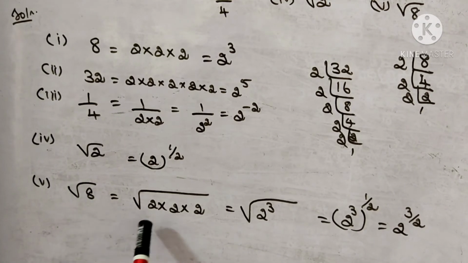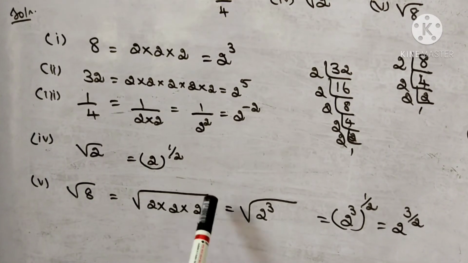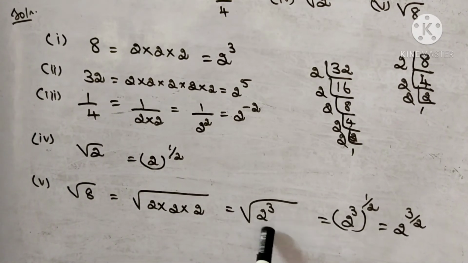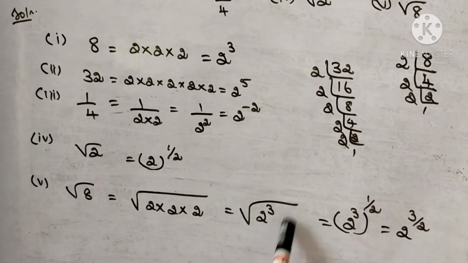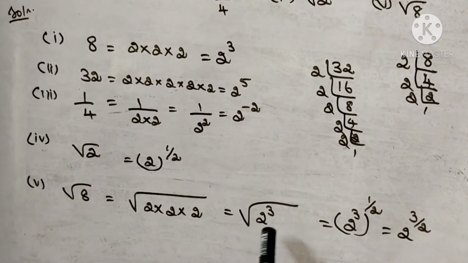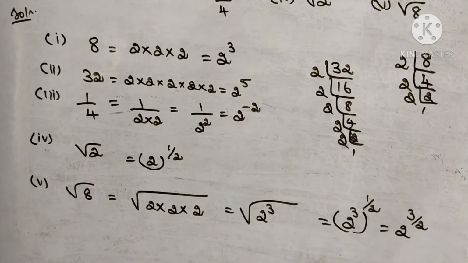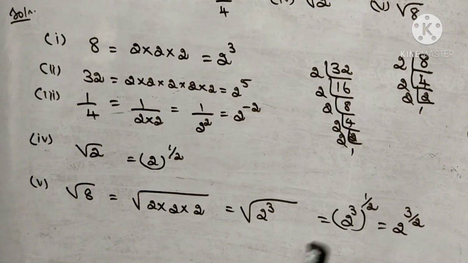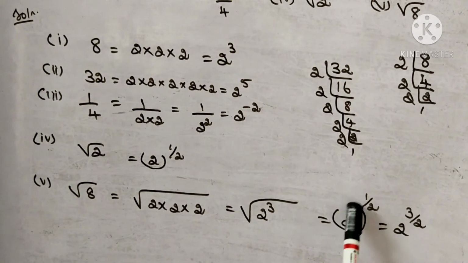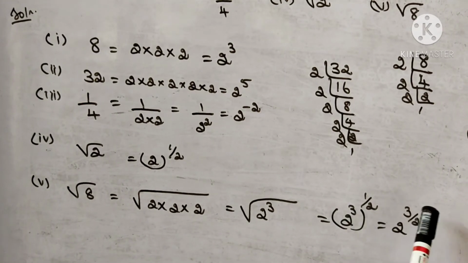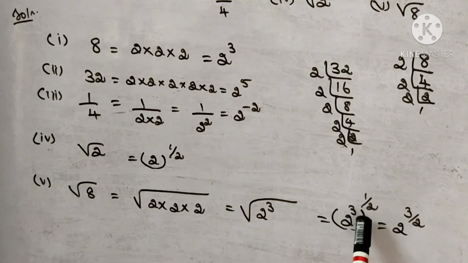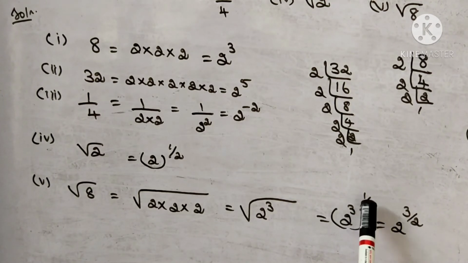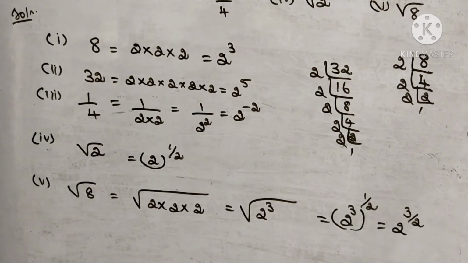And root 8 is the root of 2 into 2 into 2, so 2 appears 3 times. The fractional index form is 2 power 3 the whole power 1 by 2. Since a power m the whole power n is a power m into n, find the product of the exponents: 3 into 1 by 2 gives 3 by 2.